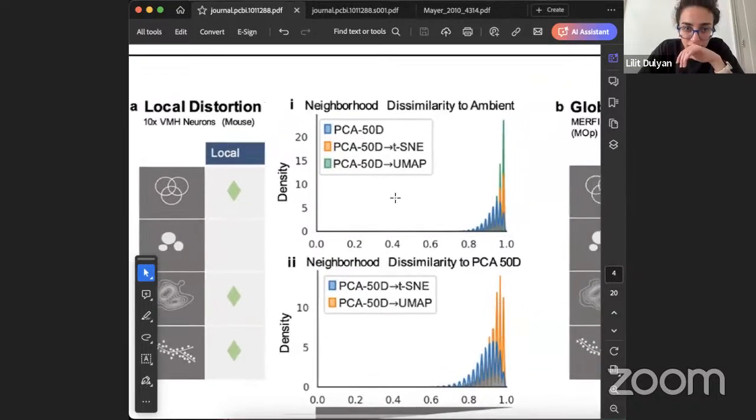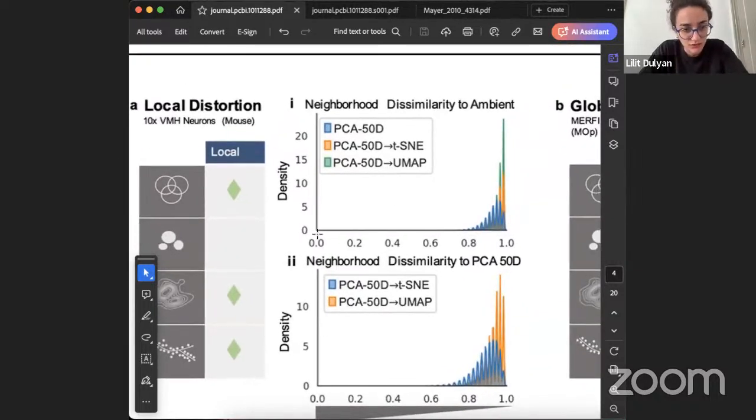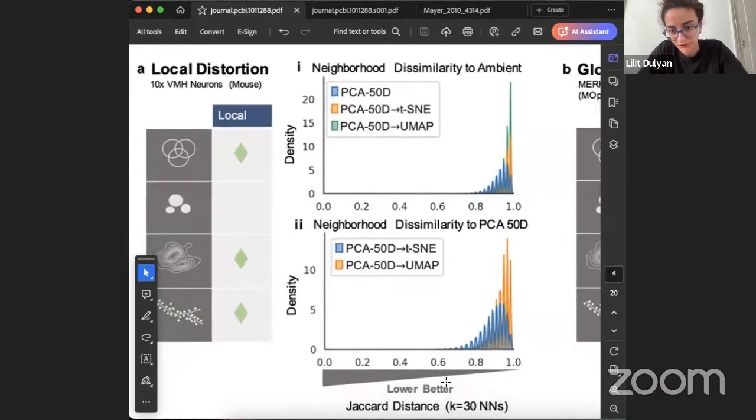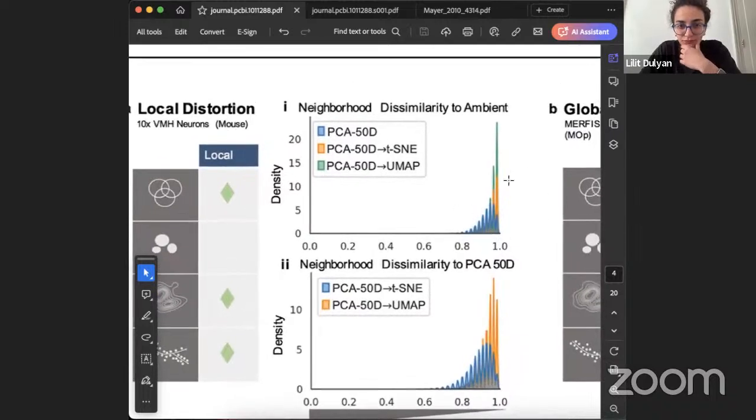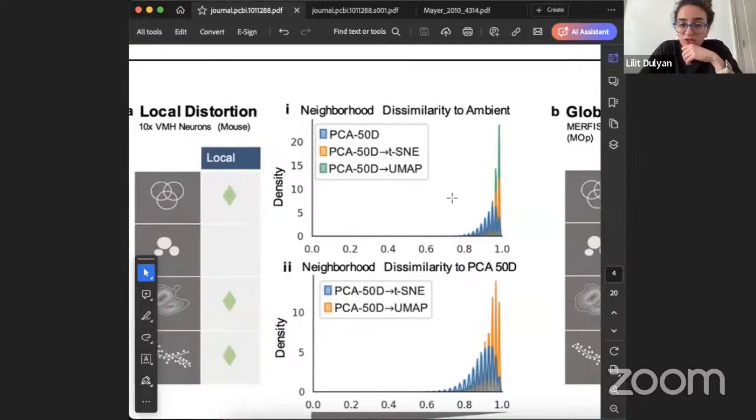In this case, as I said, the closer to 0, the better the situation. On the y-axis is the density, meaning that there are more cells in this range of Jaccard distance. As you can see, the situation is not so good, right?